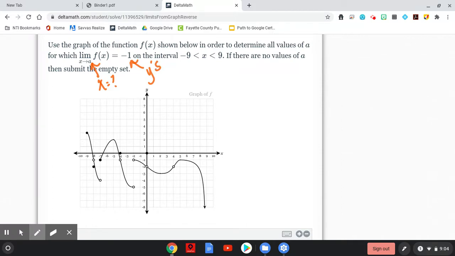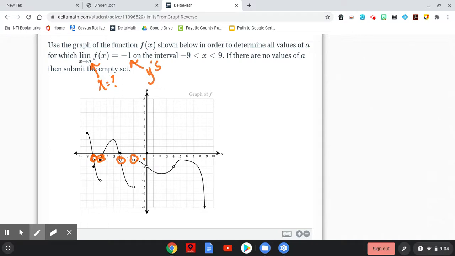What I like to do is look at all the places on the graph, here's -1, where the graph may touch -1 or get close or approach -1. So I've got a point right here, right there, I need to examine.